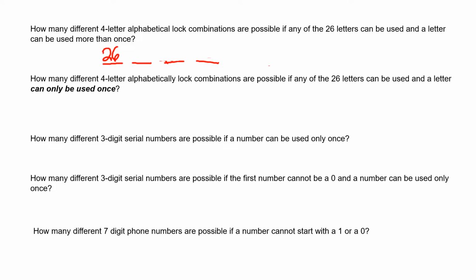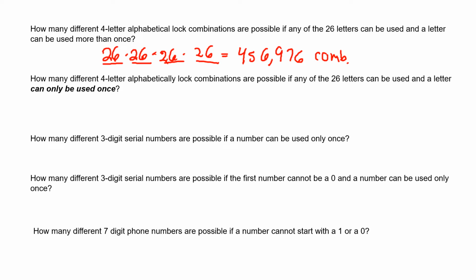So for the second slot, we also still have 26 choices. And by the time we get to the third one, we still have 26, and fourth one 26. So we would just multiply 26 together like that, and we would end up with 456,976 combinations.